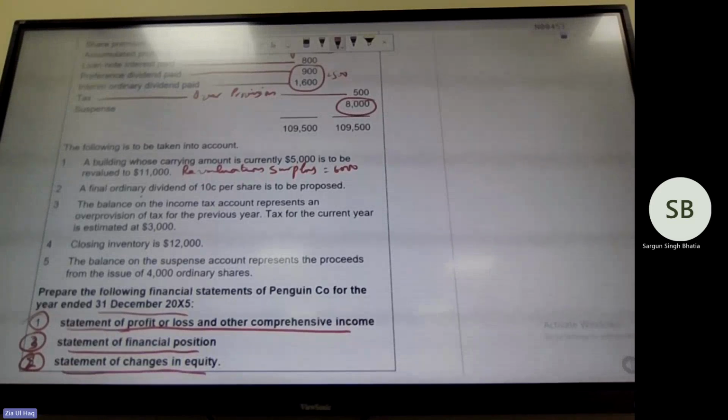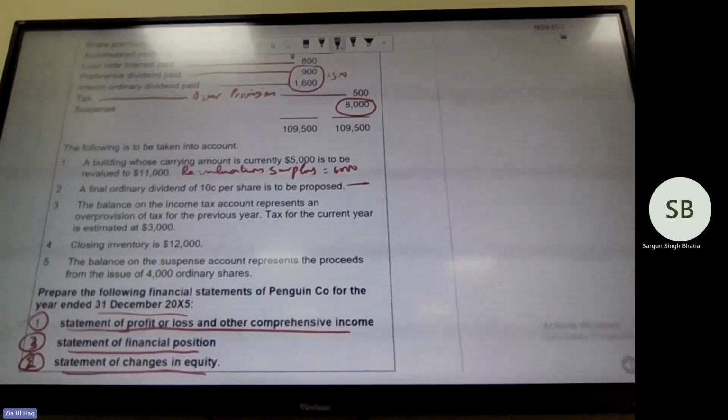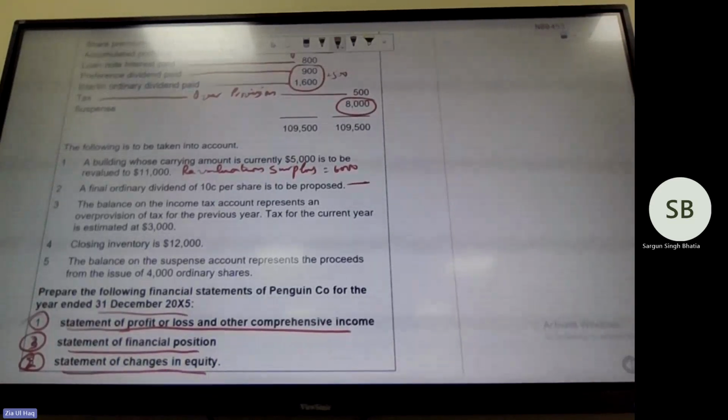A final ordinary dividend of 10 cents per share is to be proposed. Regarding proposed dividend, we have discussed if it is approved by the management, then we need to record it into financial statement. If it is not approved or not paid, we do nothing for this. So there is no mention whether it is approved or not, so we will ignore it.